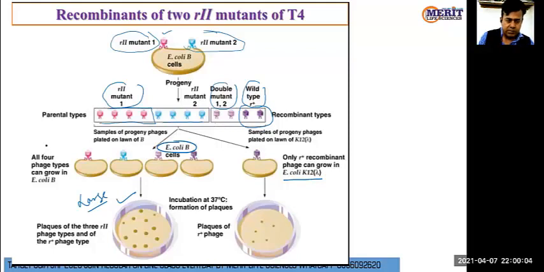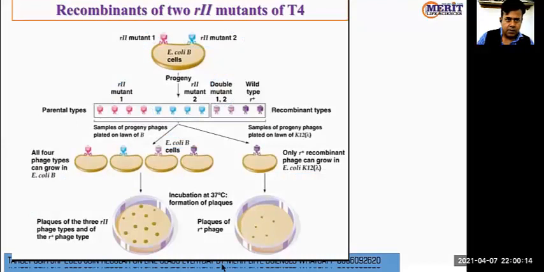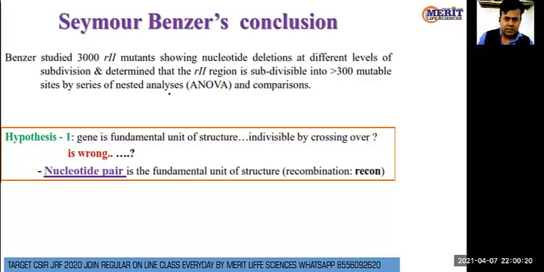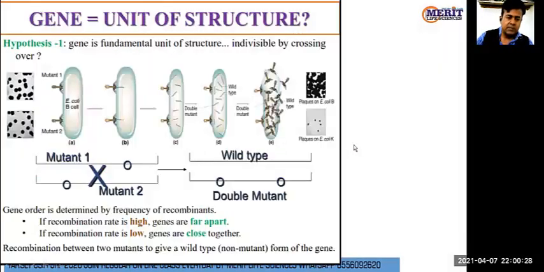So what you can expect as a feature is that all four phage types can grow in E. coli B. A lot of analysis was done by Benzer, comparing the mutable sites, and then he developed the hypothesis of cistron, recon, muton.